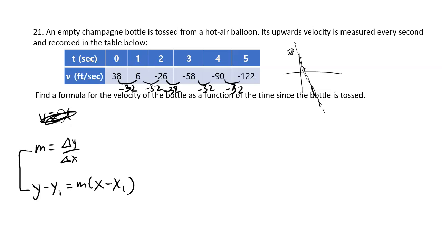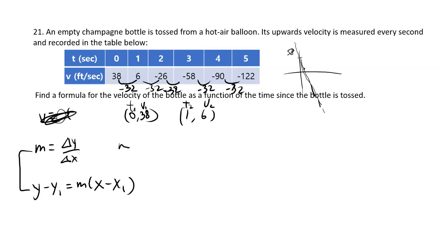So in our case, 0, 38 is one data point for t and v, and then the next one is 1, 6. So I'm going to call this t1, v1 and then t2, v2. Alright, we have to modify things a little bit because instead of y you have v, instead of x you have t. These formulas should be changed for v and t.